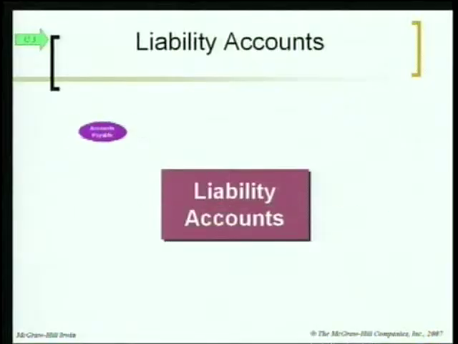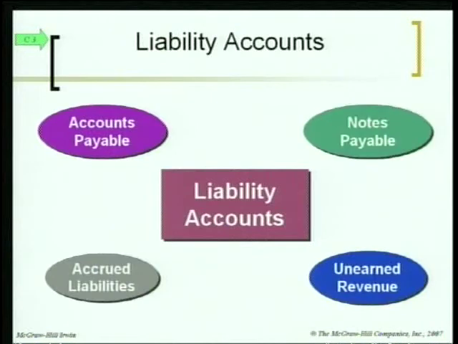Okay? We talked about liability accounts. And I think we've addressed all of these before, with maybe an exception or two. Once again, unearned revenue is a liability account, isn't it? Goes with the liabilities. What about accrued liabilities? What is accrued liabilities? Well, we're going to talk more about that in Chapter 3.